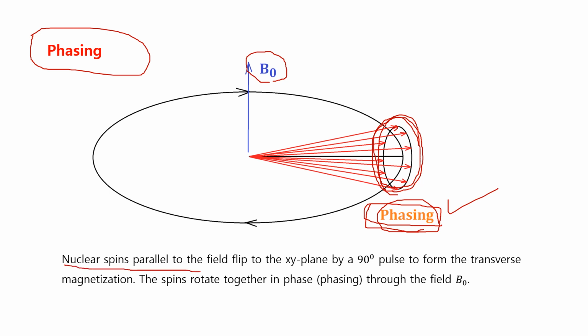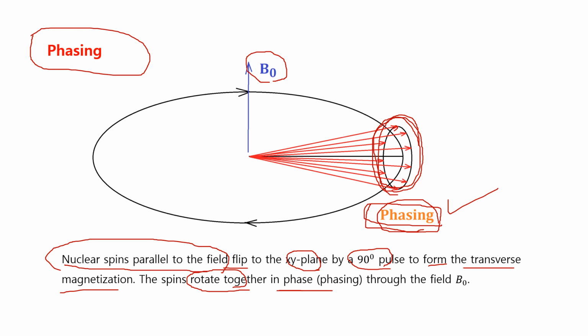Nuclear spins parallel to the field flip to the XY plane by a 90-degree pulse to form the transverse magnetization. The spins rotate together in phase around the B0 field. So due to the 90-degree pulse, nuclear spins rotate 90 degrees and rotate together in phase around the B0 field. We call this phasing.